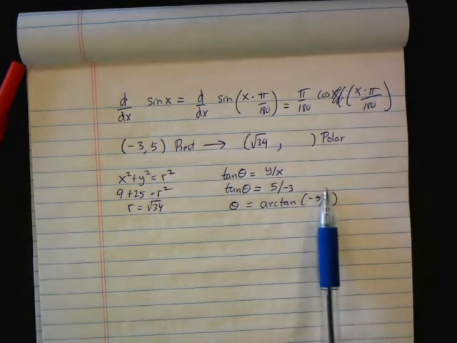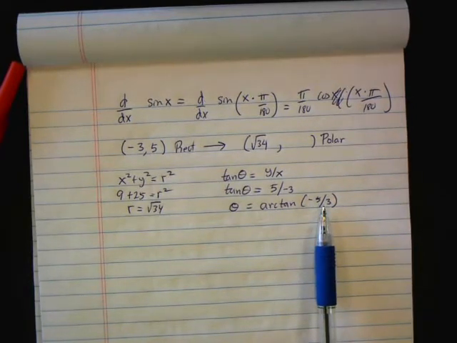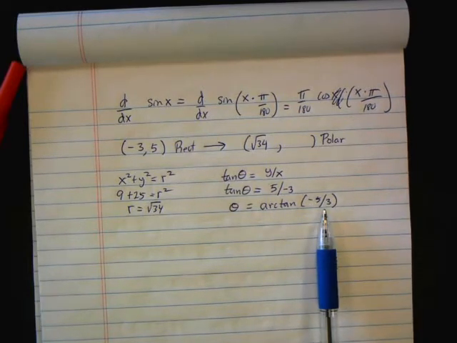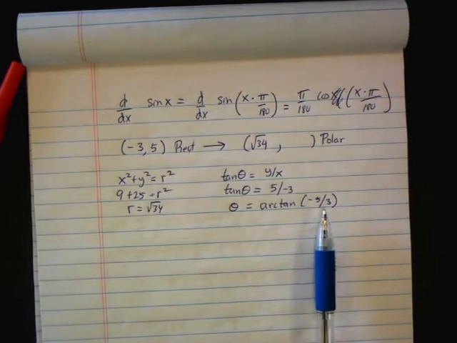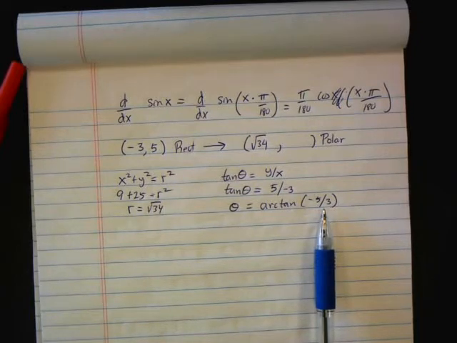If this is a positive number, arc tangent will always give me an answer in quadrant 1. If this is a negative number, arc tangent will always give me an answer in quadrant 4. That was our definition of arc tangent. In order to make tangent a one-to-one function and talk about an inverse, we had to limit our domain. So that's the wrong angle. It's in quadrant 4. It's supposed to be in quadrant 2.